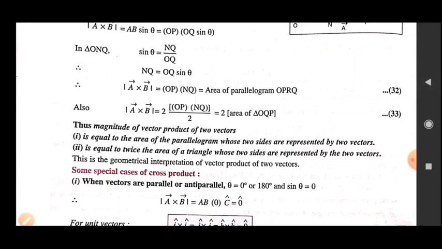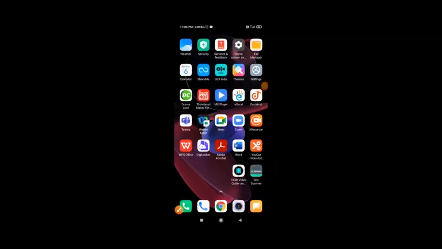Now next, let's see the properties and magnitude of the vector product of two vectors.